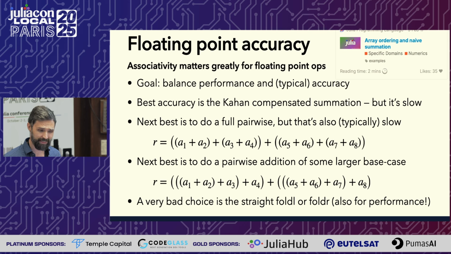That's also typically slow, or at least has been. Newer processors are actually adding pairwise intrinsics in their SIMD units, which is cool and interesting, but doesn't do the full thing. It's just one SIMD width wide. The next best is to do a pairwise addition of some larger base case.